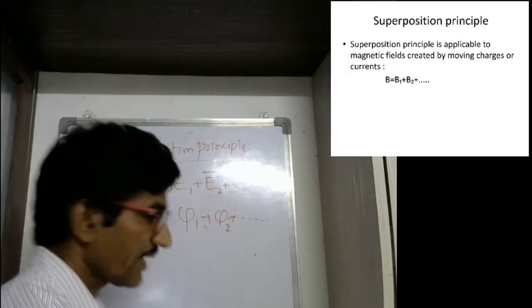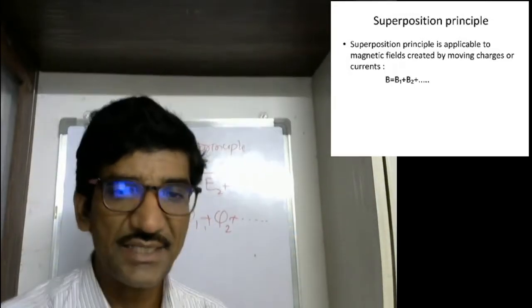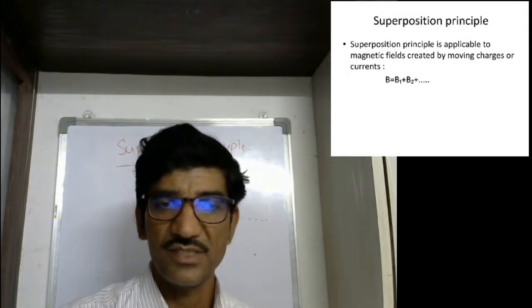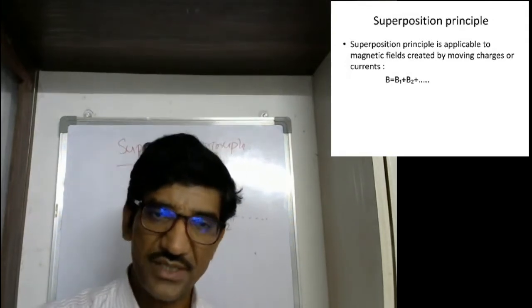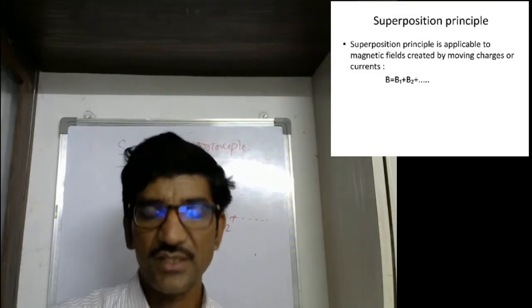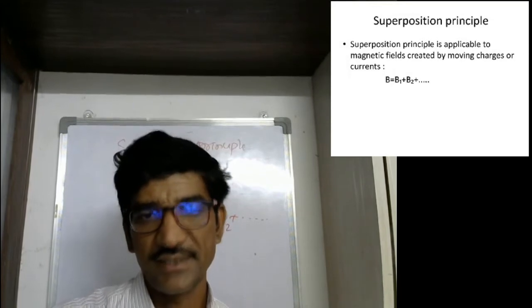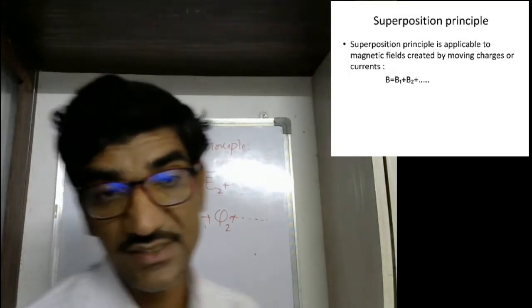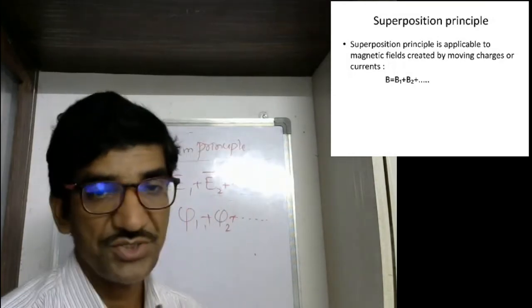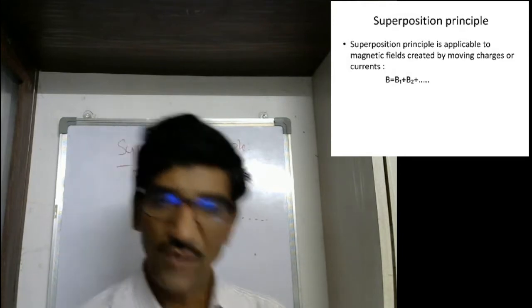Next, coming to magnetostatics, these magnetic fields are also created by the charge in motion or current. This was discovered by Oersted. In this case also, experiments showed that the superposition principle is equally valid.